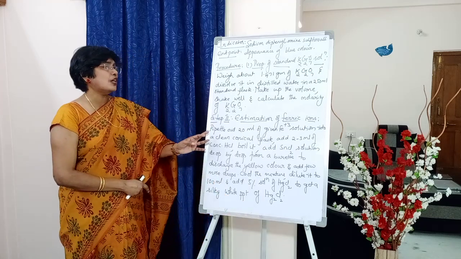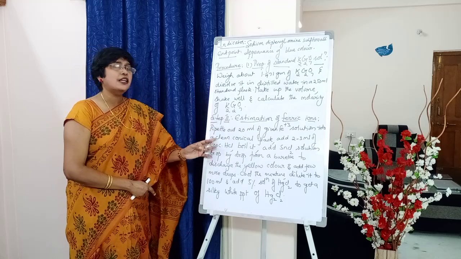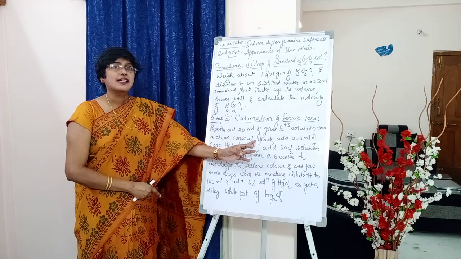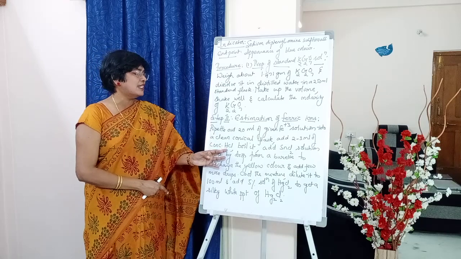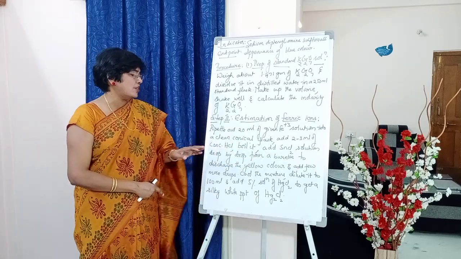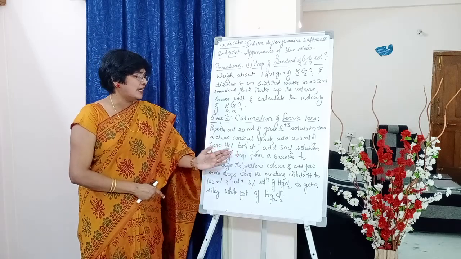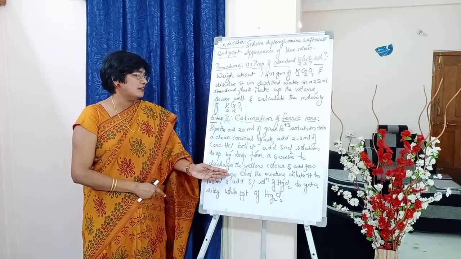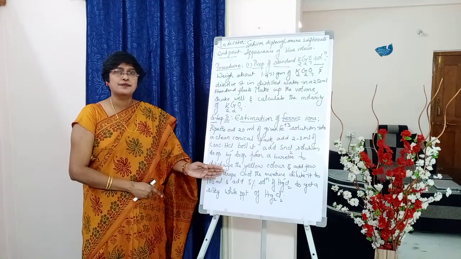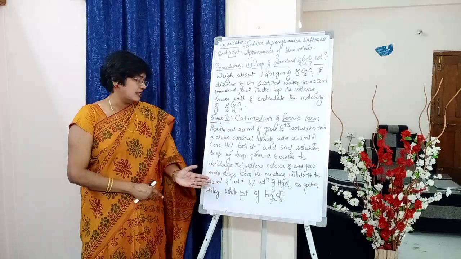Okay. So first what we are doing? Pipette out 20 ml of the given ferric ion solution into a clean conical flask. Comma, add 2 to 3 ml of concentrated HCl. Boil it. Add SnCl2 solution drop by drop from a burette to discharge the yellow color and add a few more drops. Next, cool the mixture.